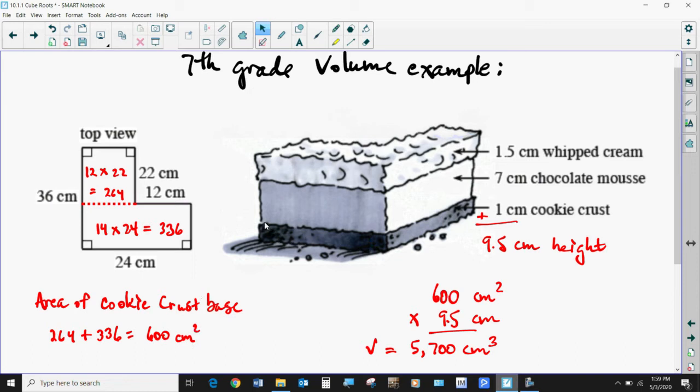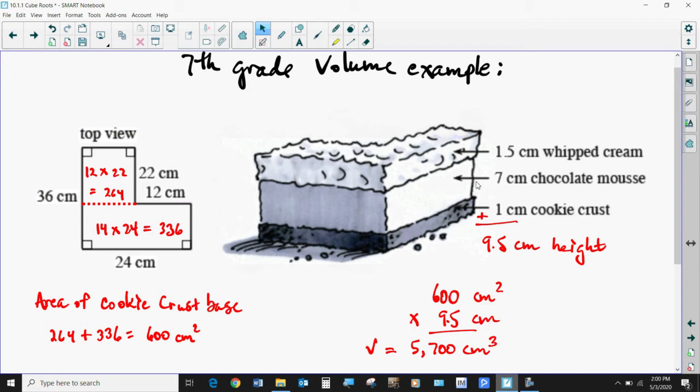So if I just took that very first centimeter, the cookie crust, that alone would be 600 cubic centimeters, because it would be 600 square centimeters on the bottom plus the height would add that depth dimension, which would make it 600 cubes. And then how many layers can we create out of this?